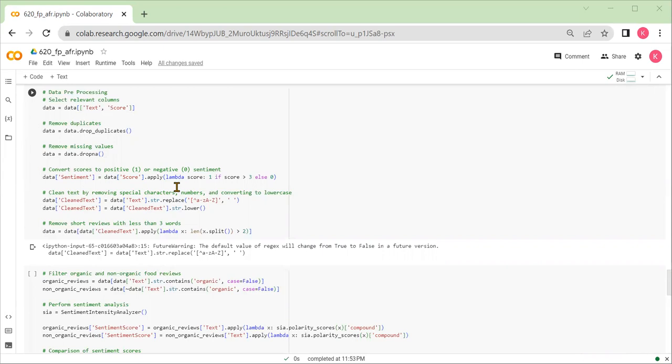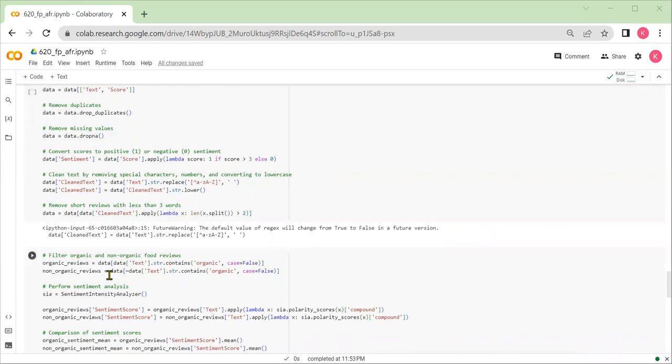Moving on, here we focused on comparing sentiments between two subsets of the dataset, which are basically organic food reviews and non-organic food reviews. To perform this sentiment analysis, we used a technique to extract sentiment scores from reviews in each subset.